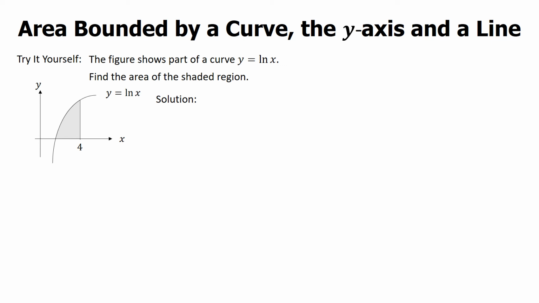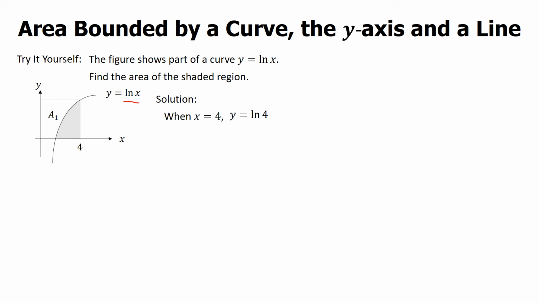The problem that you will face is because we don't know how to integrate ln x. So that's why we shouldn't look at the area bounded by the curve and the x-axis. Instead, we should look at the area bounded by the curve and the y-axis. Therefore, we draw a straight line here, and this region we call A1.